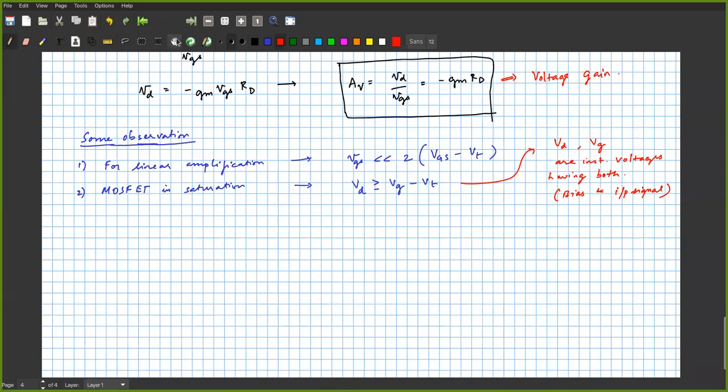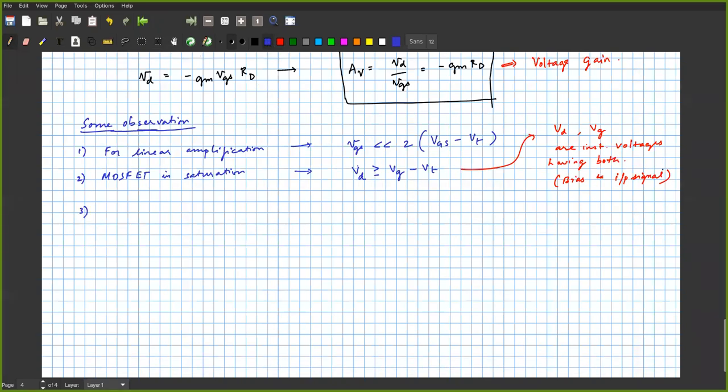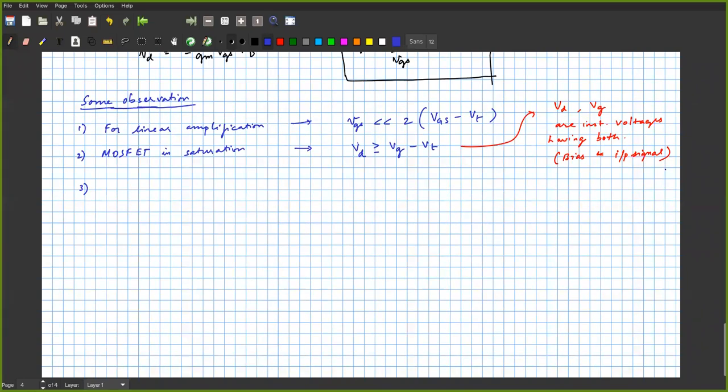All right. Now the third one is actually better explained by a graph. Let me draw a graph quickly, then we'll wind up. First one, this is VGS in time.